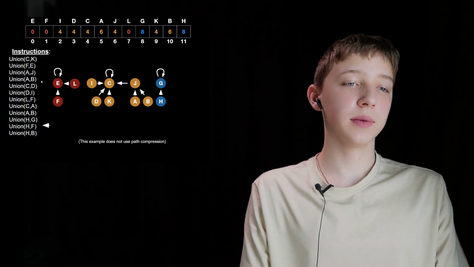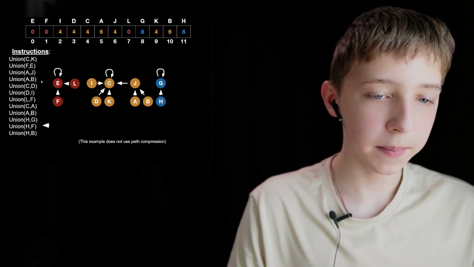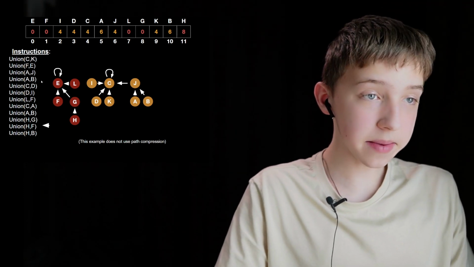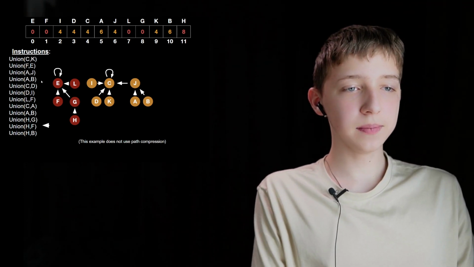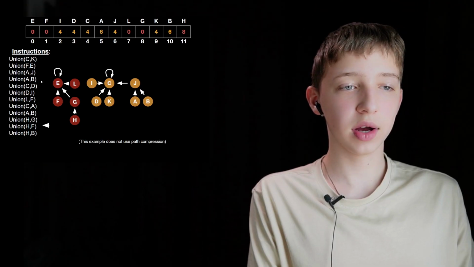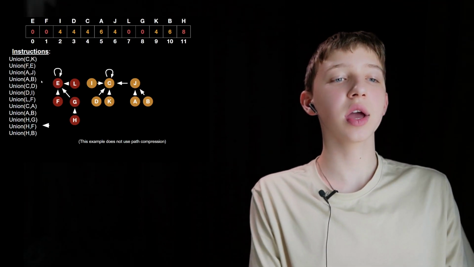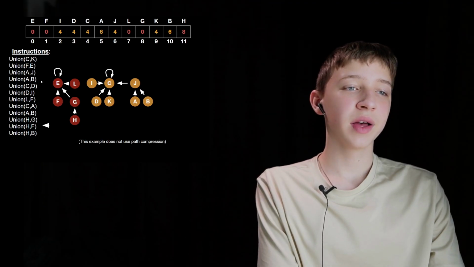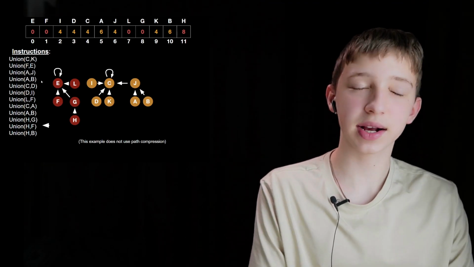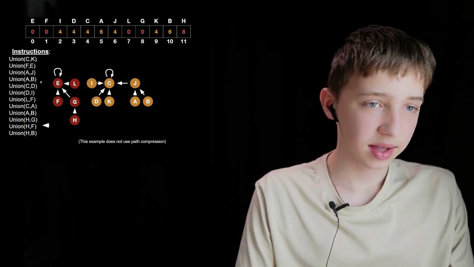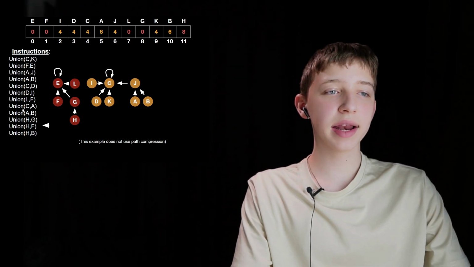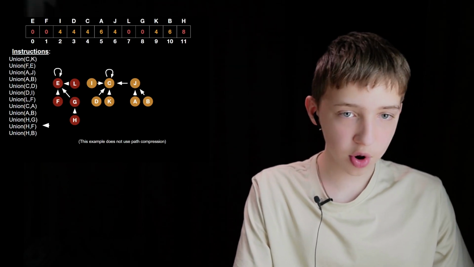So now we make the root node point to E. In this way, E is now the root node of these 3 children. And now we have combined these into the red group.